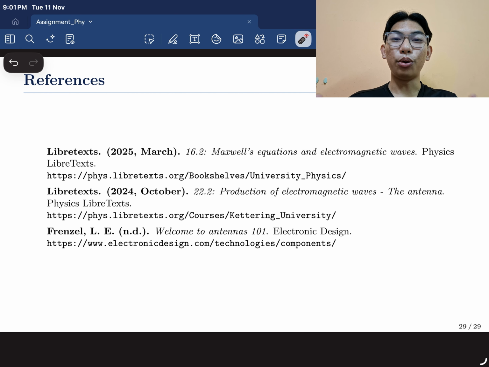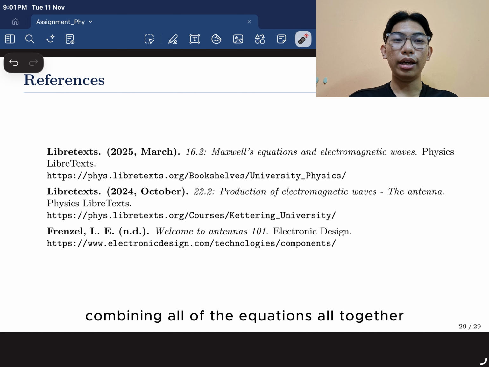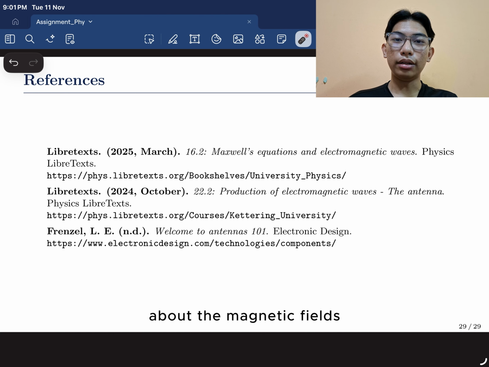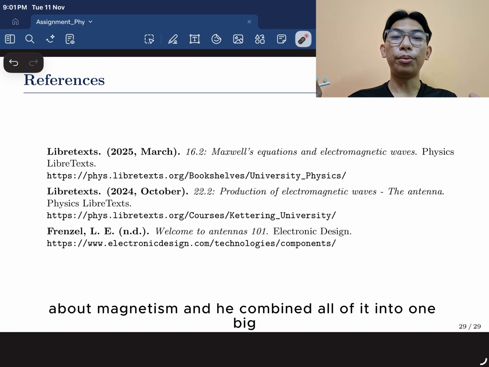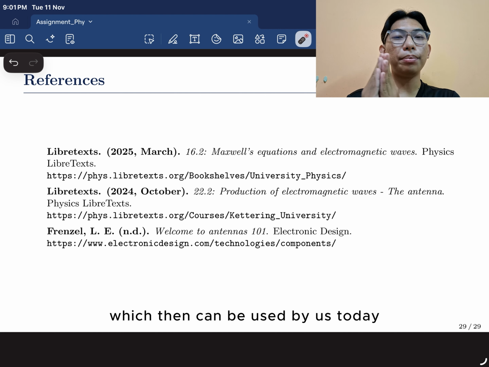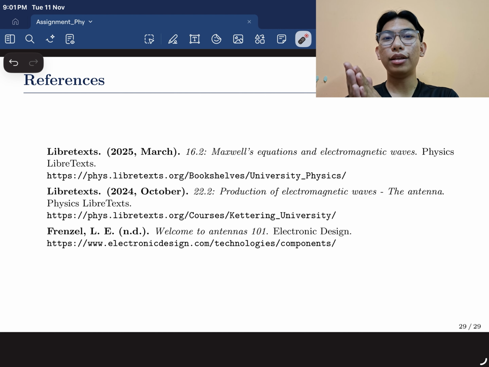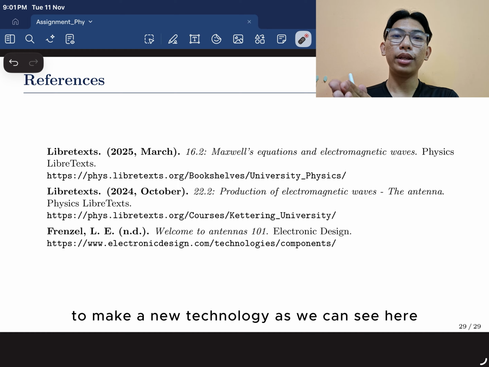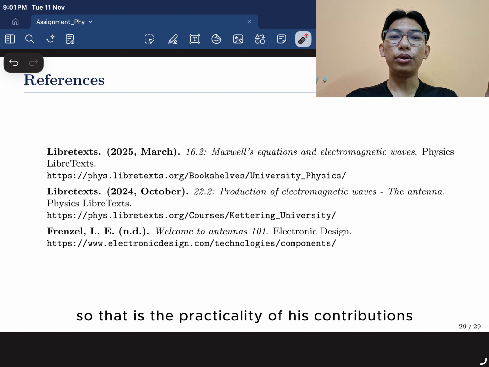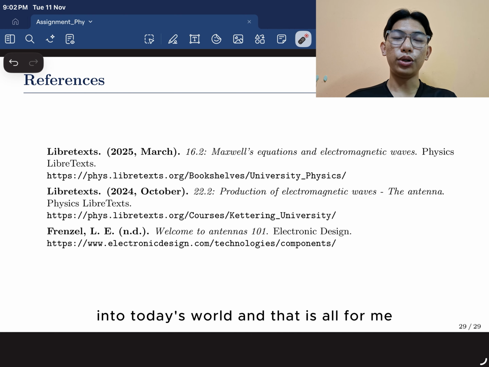That is the importance of his work, combining all of the knowledge about Gauss's law of electricity and about magnetism into 4 beautiful equations, which can be used by us today to make new technology. As we can see here, we have 5G and all of that. So that is the practicality of his contribution to today's world.